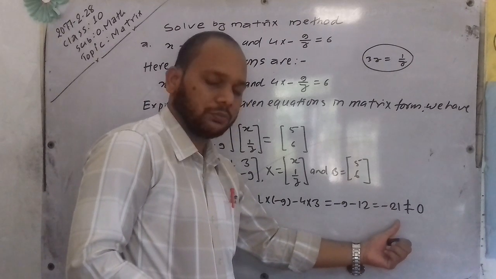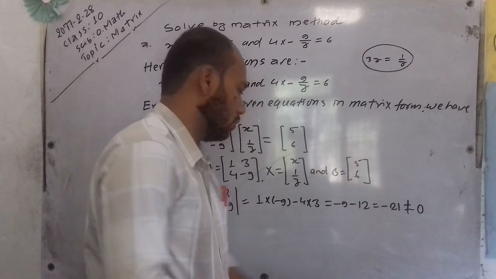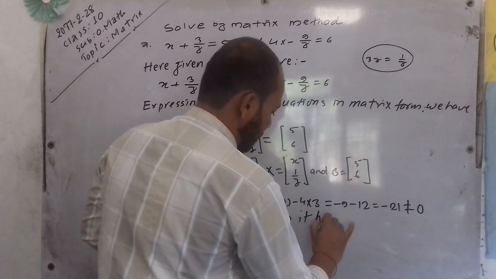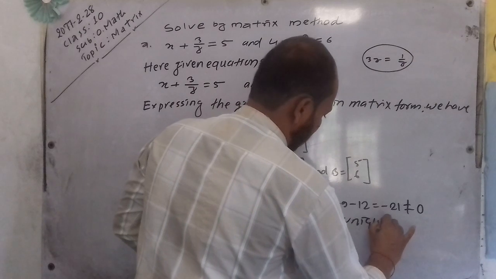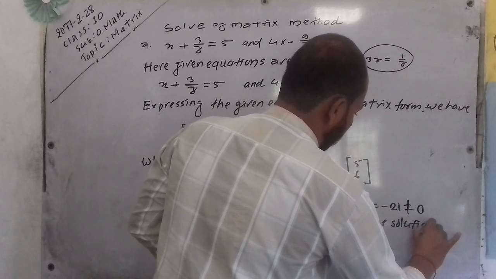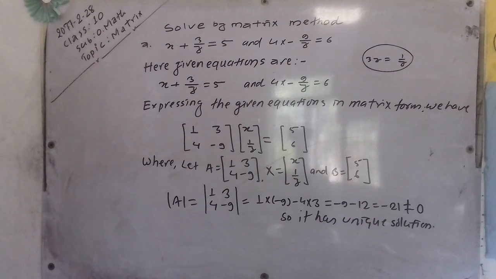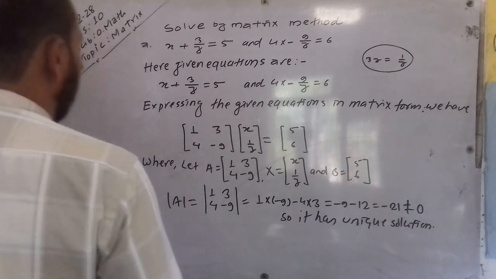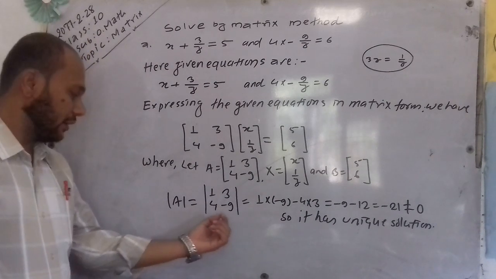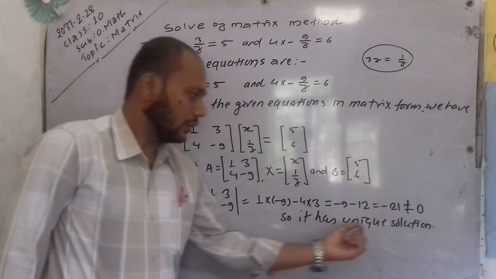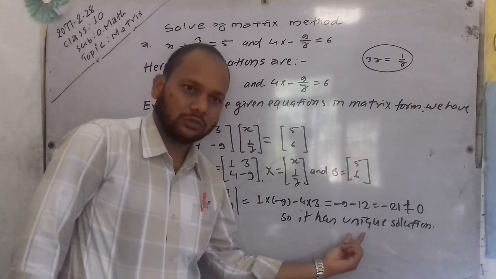You stop your process there, and here it is not equal to 0, so you write there, it has a unique solution. All of you write down. After finding the determinant of matrix A, if it is not equal to 0, then it has a unique solution.